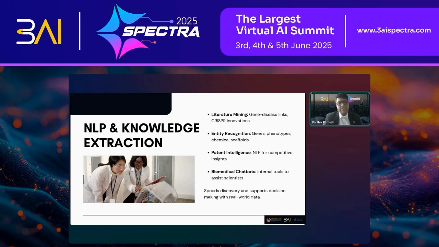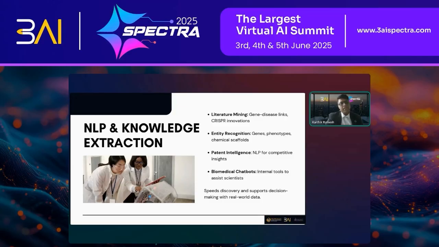You can use especially generative AI to recognize some of the entities such as genes and phenotypes. You can also use natural language processing and large language models to bring in insights into newer patents, whether there will be patent violations, whether there is any competition to what we are already developing, and also create NLP-based chatbots, which can be internal tools with which scientists are assisted.